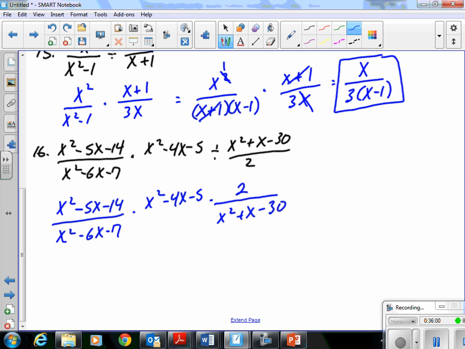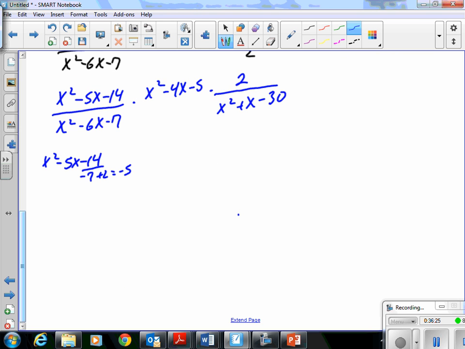And so then we've got 4 trinomials we need to look at to factor. So we look at x squared minus 5x minus 14. Look at the last term, negative 14. And for the factors that will add up to negative 5, which will be negative 7 and 2. So that's going to give us a numerator there of x minus 7, x plus 2. All right, the denominator, x squared minus 6x minus 7.